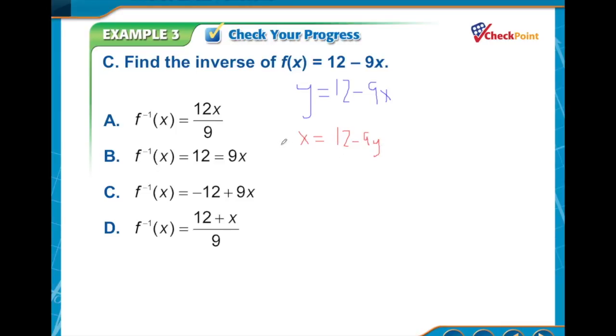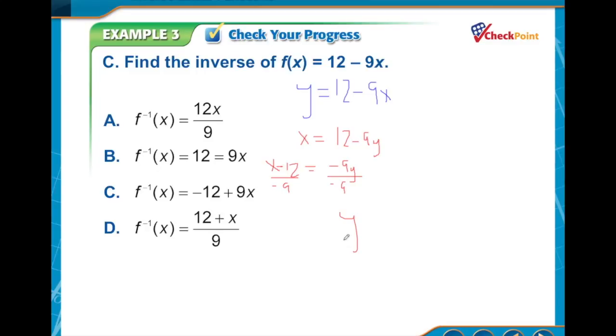So I want to subtract 12 from both sides first. So I'll get x minus 12 equal to -9y. Now I need to get rid of this -9, so I will divide everything by that on both sides.